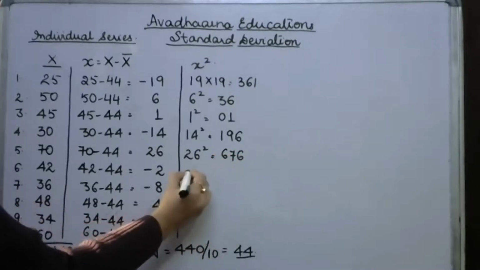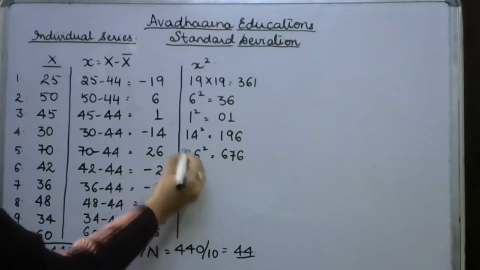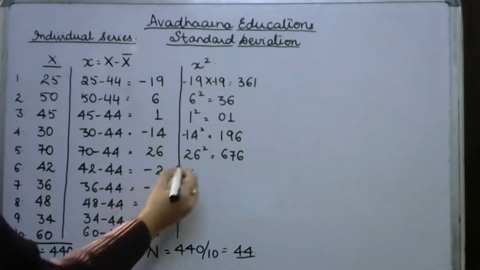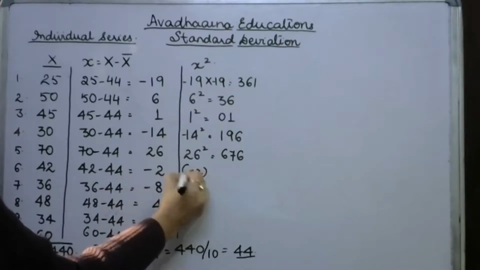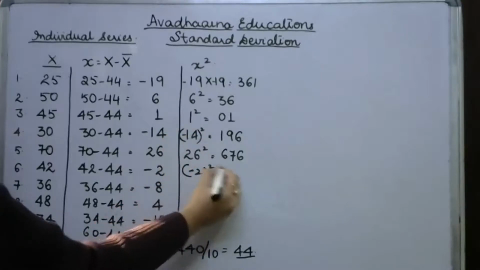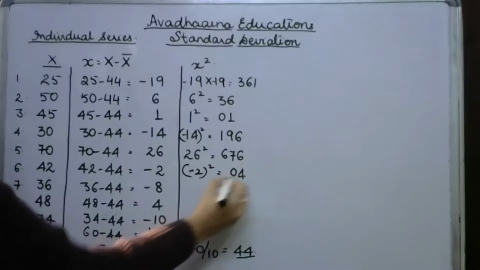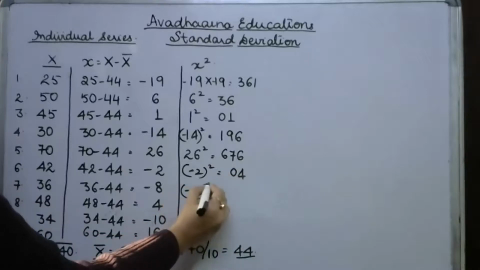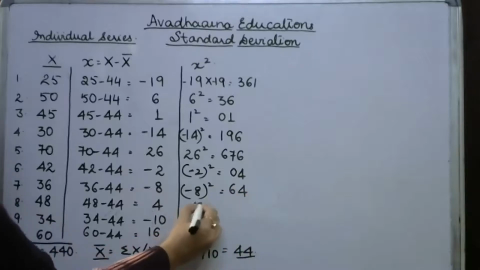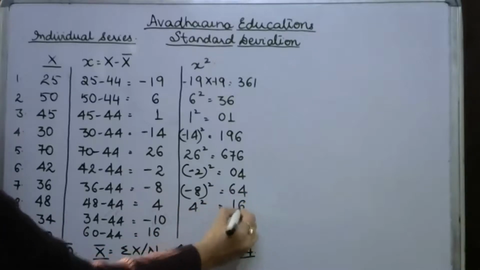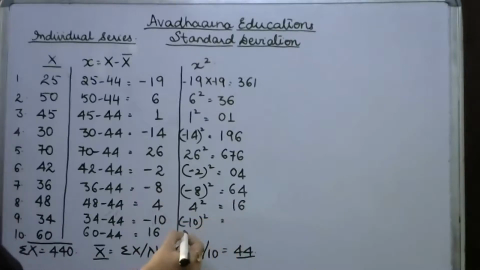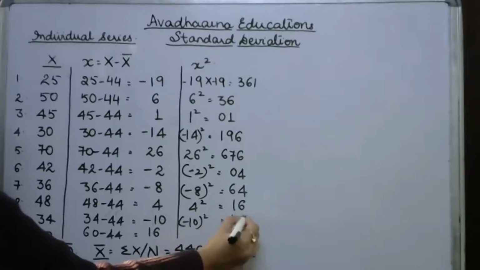Next is minus 2 square. See, this is minus 14 and this was minus 19. Minus 2 square will be 4. Then minus 8 square is 64. Then 4 square is 16. Then minus 10 square, which is nothing but 10 into 10, which is equal to 100.